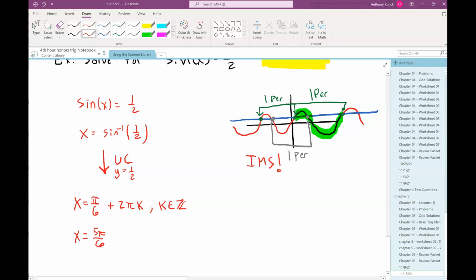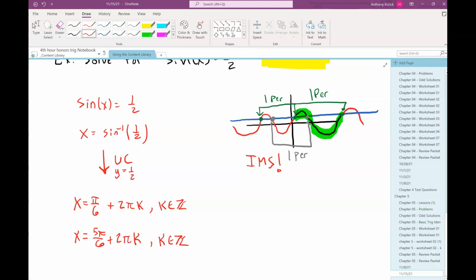Mia. Can we say like plus or minus? Well, because the integers include negatives, if we're taking k out of any integer, that'll include the negatives. So we got it there. And we can do the same thing then with the 5 pi over 6. We just write the same thing afterwards. So what we're saying is, basically we have two types of answers.